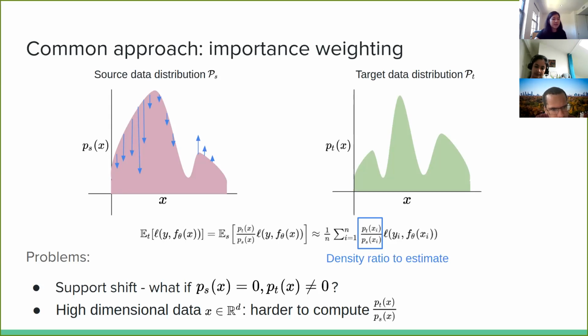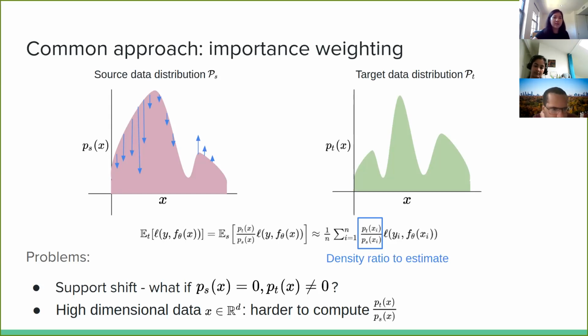First is support shift, which occurs when the target data contains samples that have never been seen before in the source data. These samples will have probability 0 in the source distribution. So when we try to upweight something with probability 0, upweighting will not be able to correct for distribution shift on these points.